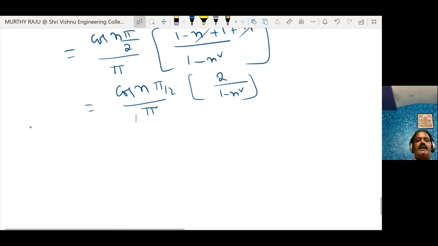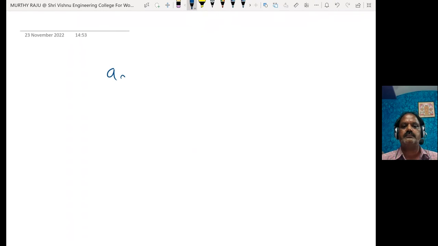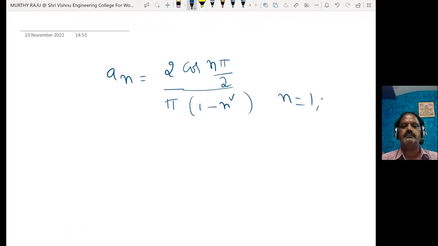This is the an value. An is equal to 2 cos n pi by 2 by pi into 1 minus n square, where n is equal to 1, 2, 3 and so on up to infinity.